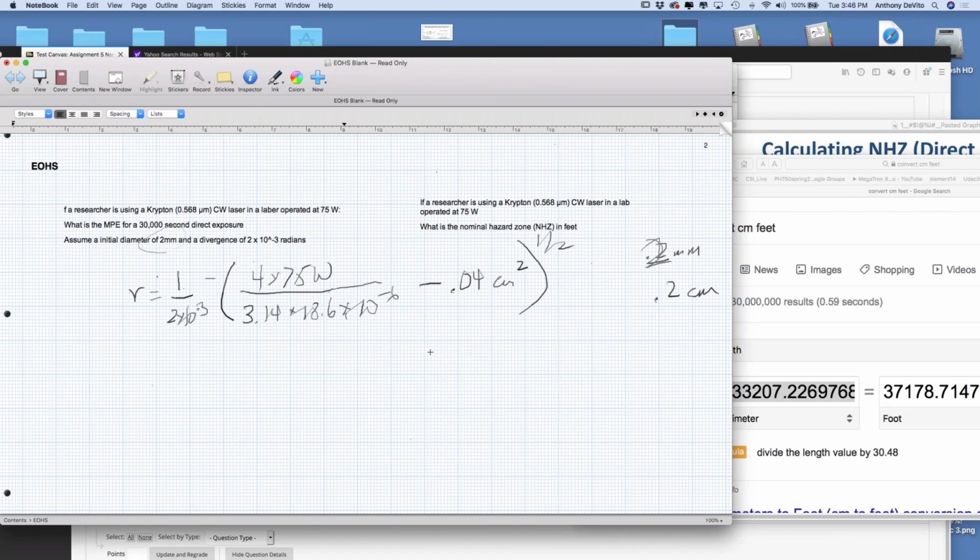So that's our nominal hazard zone for this exposure. 37,179.